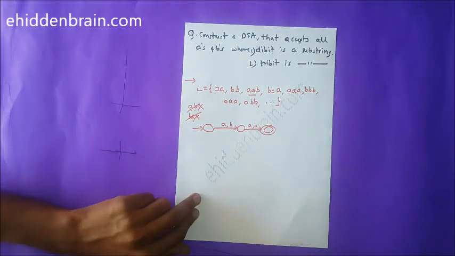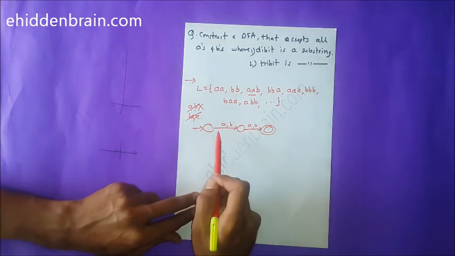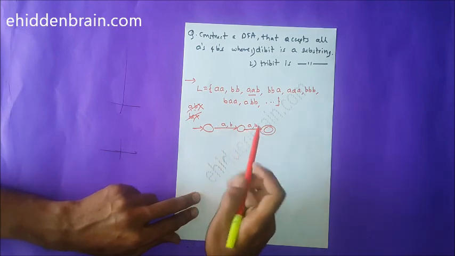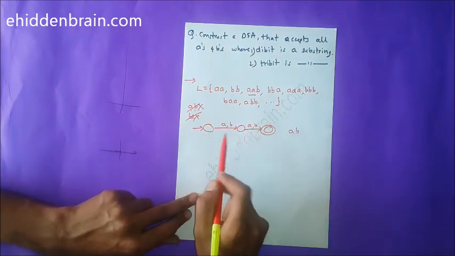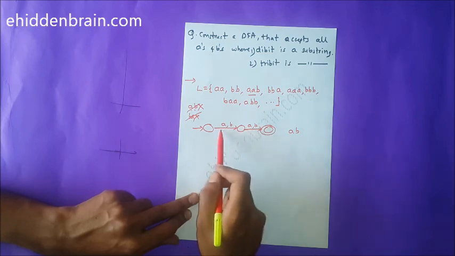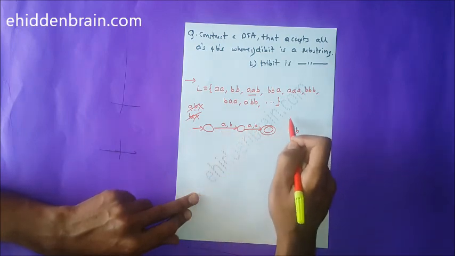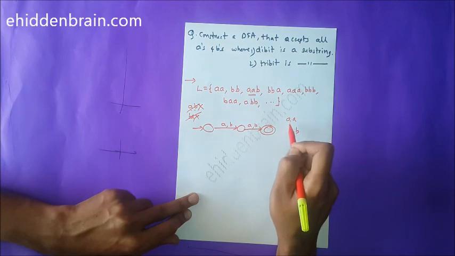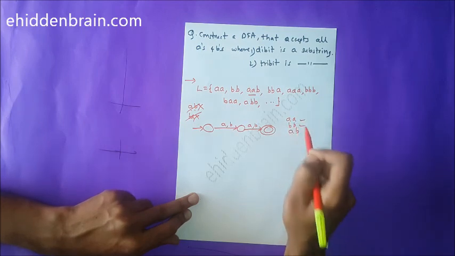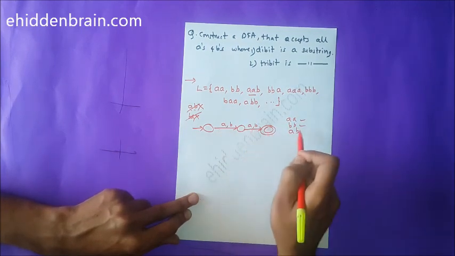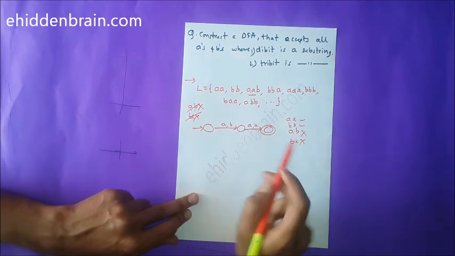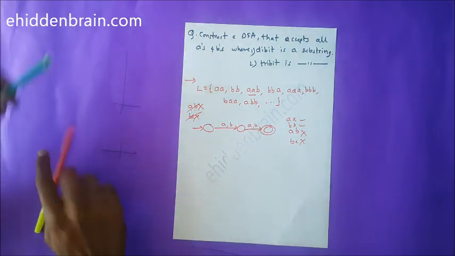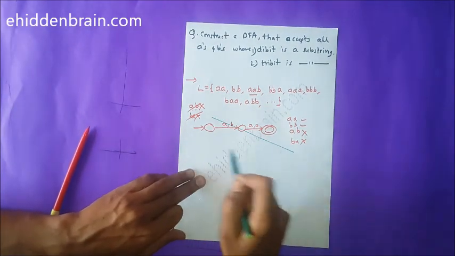Yes, I can, but the problem is, you can see here, now A and B can be accepted, meaning AB is accepted in this automata, understand? Though AA is accepted, though BB is accepted, see what strings this is accepting: AA is accepted, BB is accepted, but even AB is also accepted, which should not be accepted, and even BA is also accepted, which should not have been accepted. It means this is not a correct DFA, I can say.